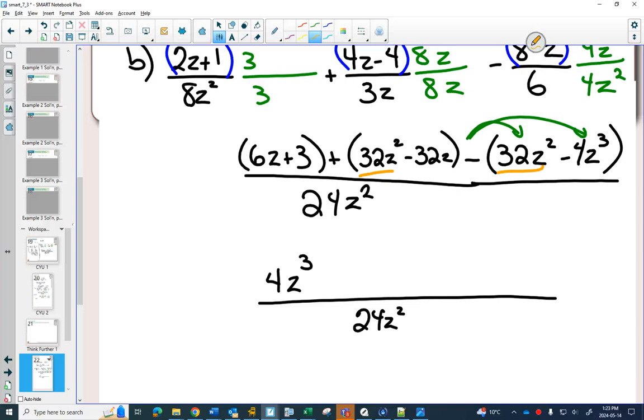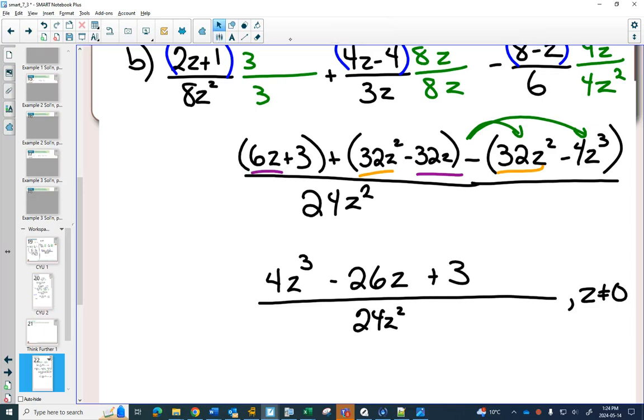With my z's, which I'm going to underline here in purple, these are like terms, I'm going to get negative 26z, and in my numbers I have a plus 3. And of course the textbook also writes down that the non-permissible value, that z can't equal 0.